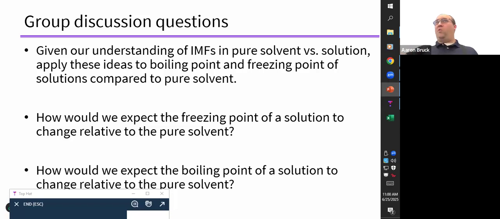It's going to have to lose more energy to freeze. So the freezing point is going to drop, just like the boiling point had to spike.